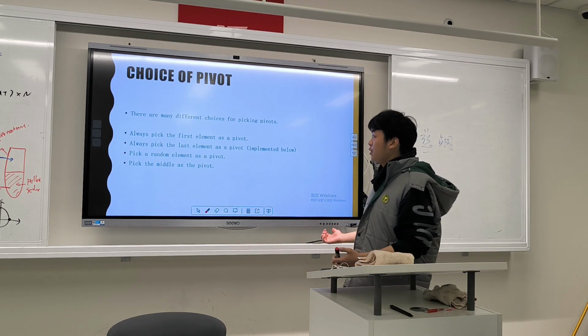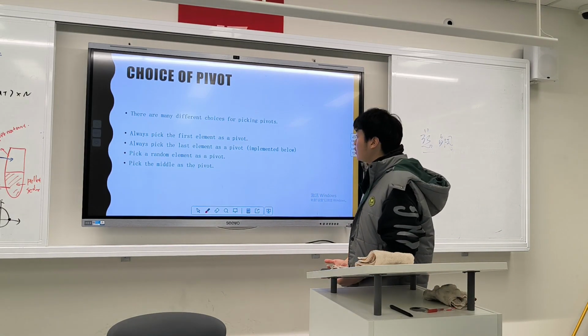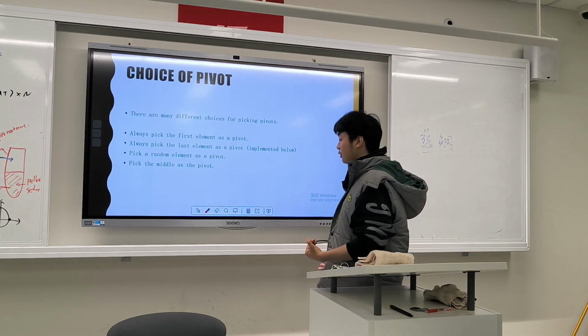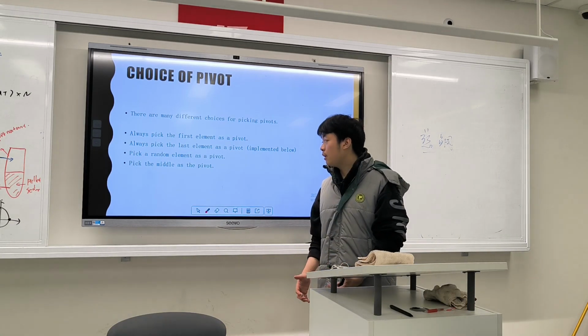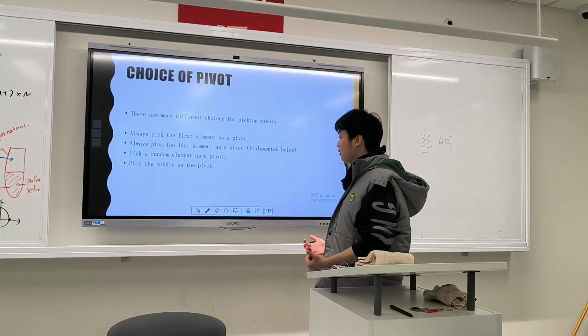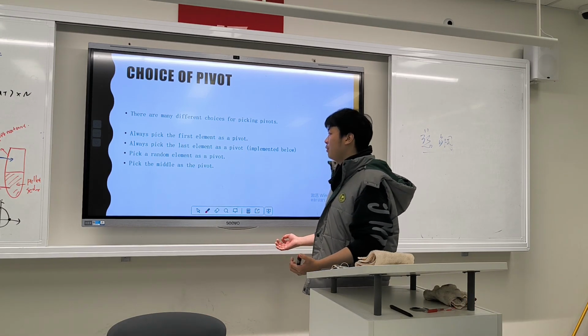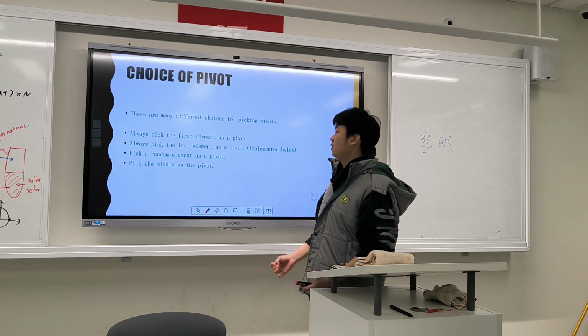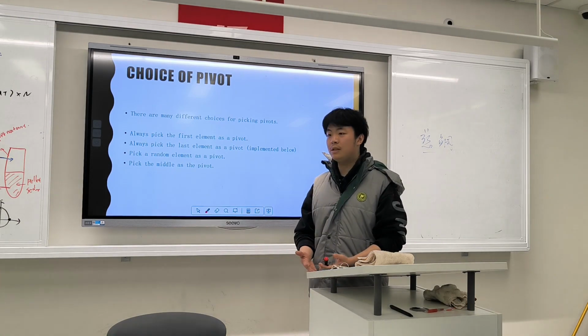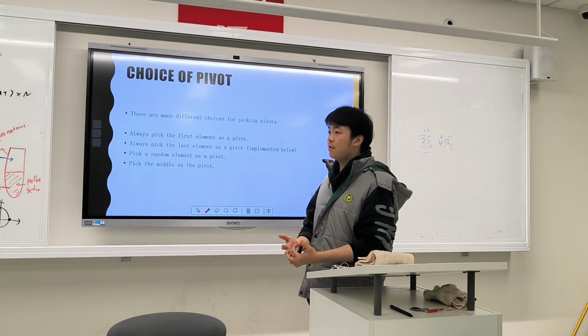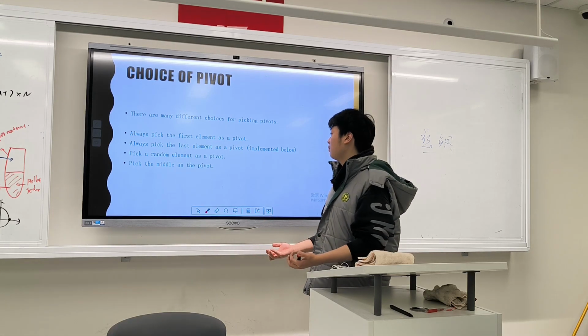When choosing the pivot, there are many different choices, and it is totally up to you. You can choose freely. There's no difference because you don't know what the random array that is given to you looks like.